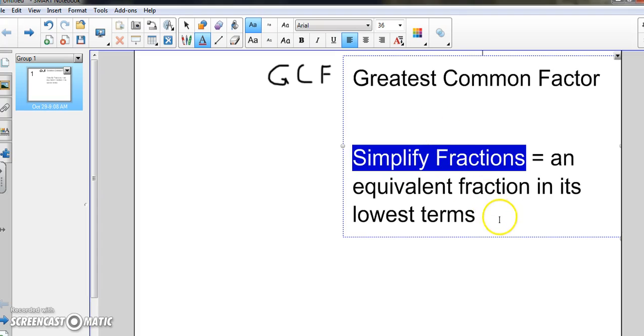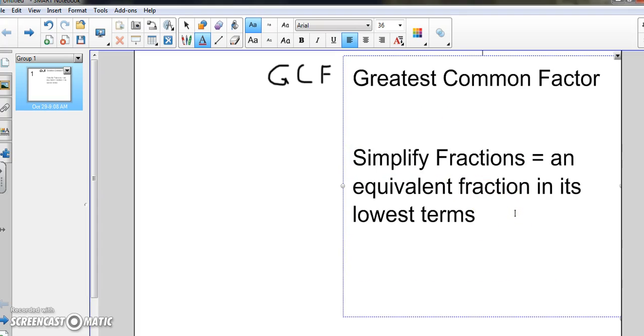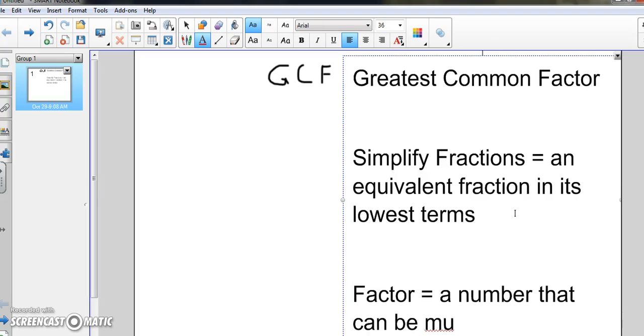Now, just to give you a quick reminder, remember a factor is a number that can be multiplied to get a certain number.